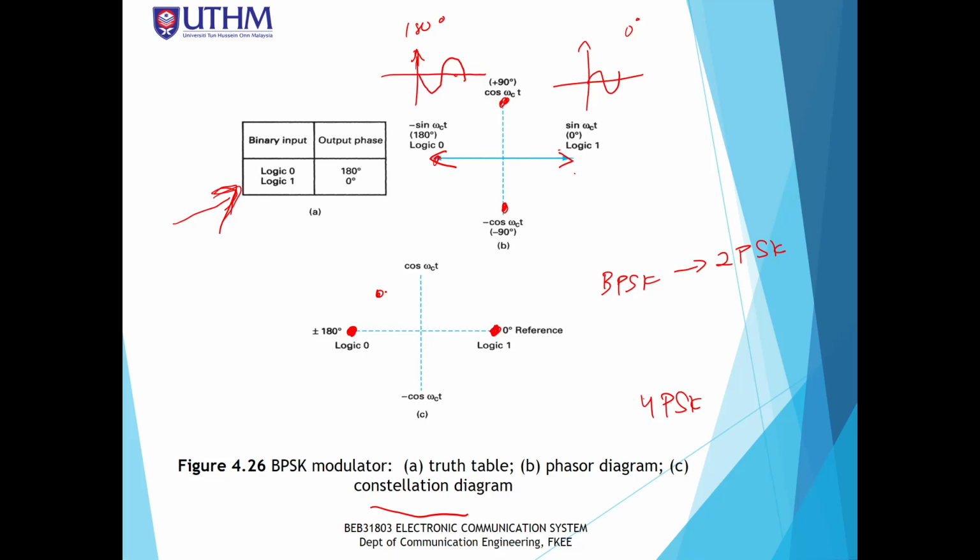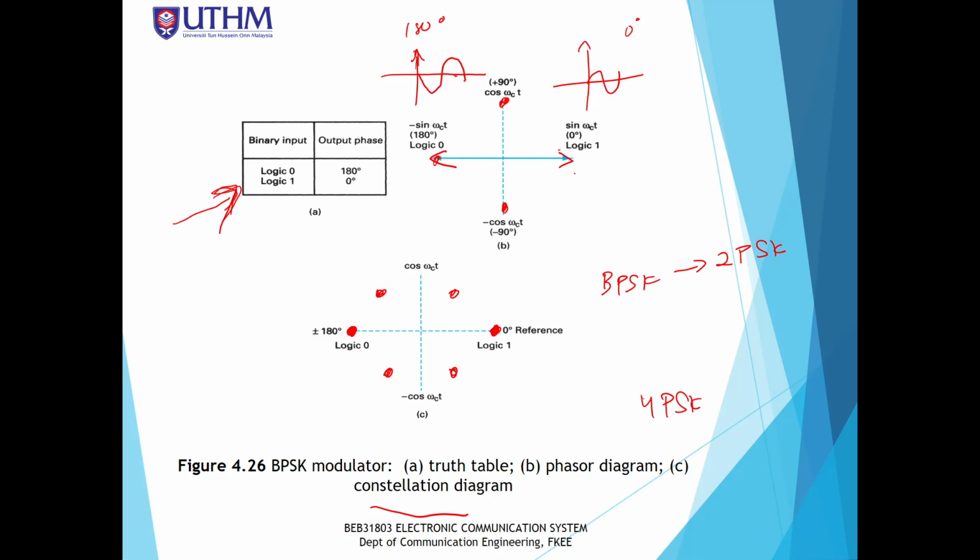Kita akan ada 4, 1, 2, 3 dan 4. So gambar raja constellation diagram ini, sebenarnya kita nak melihat berapa dekat kedudukan simbol, okay, berapakah jarak antara simbol tersebut. Okay, kalau simbol itu semakin rapat, maka kebarangkalian berlakunya error sangat tinggi.